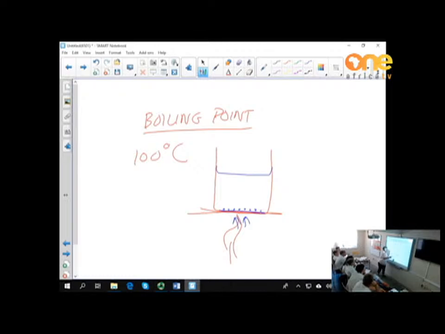Now, this little bubble starts rising up and then it disappears. Why does it disappear? As it goes up, the water is cold, so the vapor inside that little bubble condenses and it forms a liquid again.